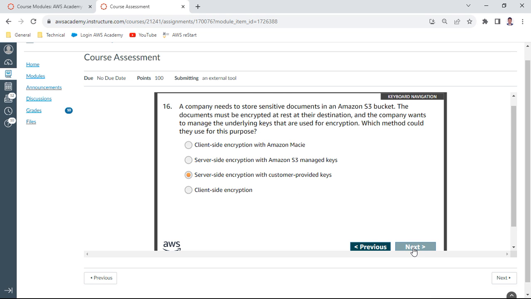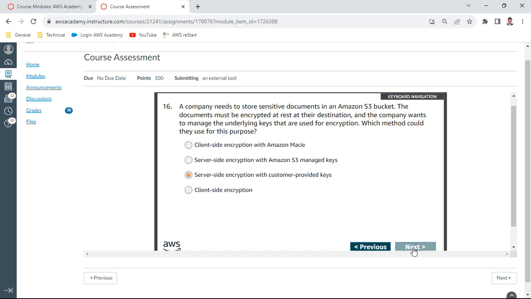16th one: a company needs to store sensitive documents in an S3 bucket. The documents must be encrypted at rest at their destination, and the company wants to manage the underlying keys that are used for encryption. Which method could they use for this purpose?